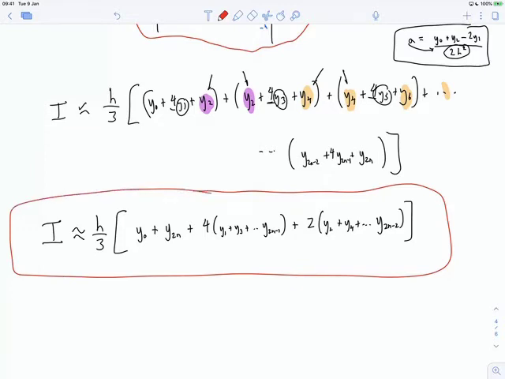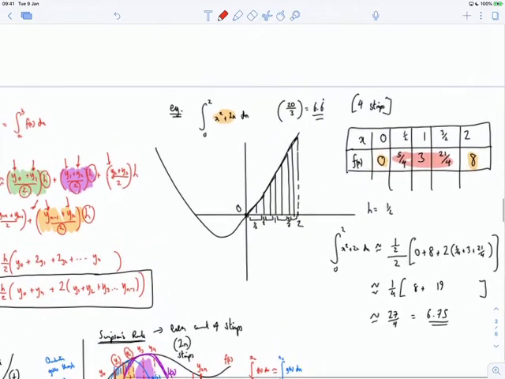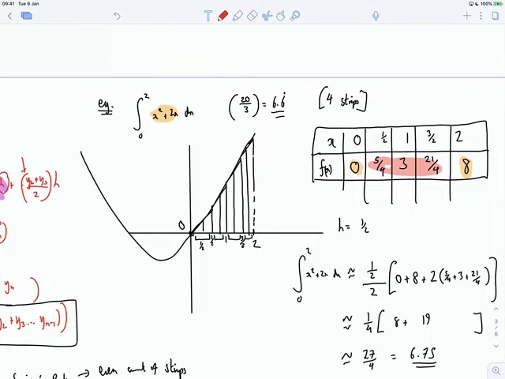Okay, now it's really easy to compute, and in fact we're going to use our previous example to show how we did it. So where is it? So up here. Now we took 4 strips last time. Here's our 4 strips.